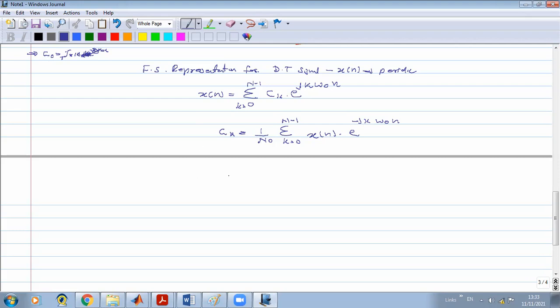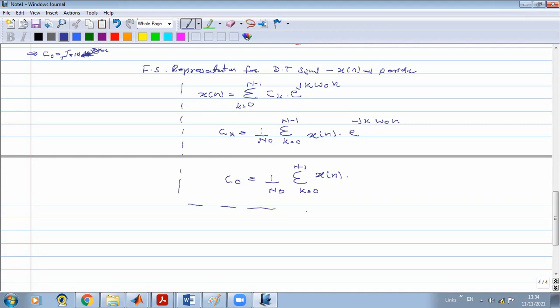Here also we can find it as 1 by n naught, the sum within the period of only x[n]. No need for e^(jk omega naught n), because k is 0 here, so that term is e to the power 0, which is 1. So c naught can be evaluated this way.